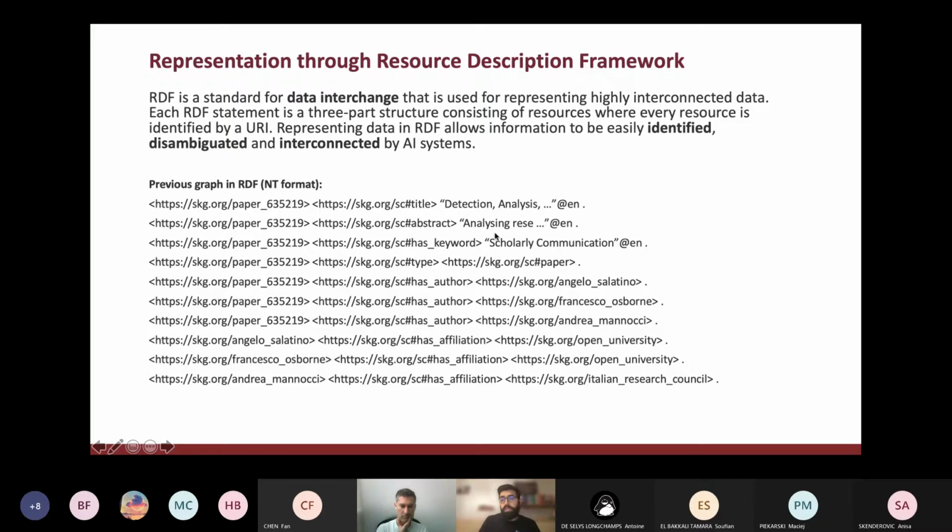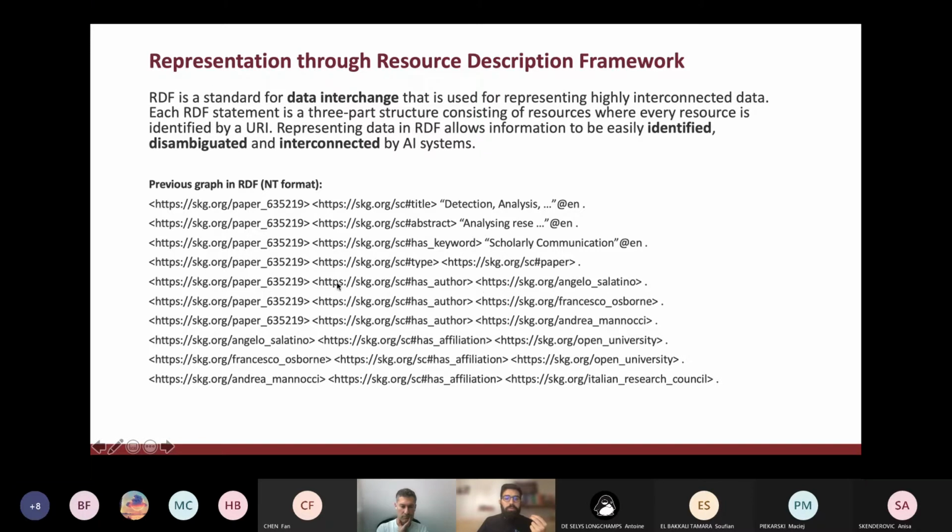Objects can be either URIs or literals, because in this case, for example, the title is a literal. It's just a string. There is no need for creating a URI also for the title. The same is also for the abstract, also for the keywords.